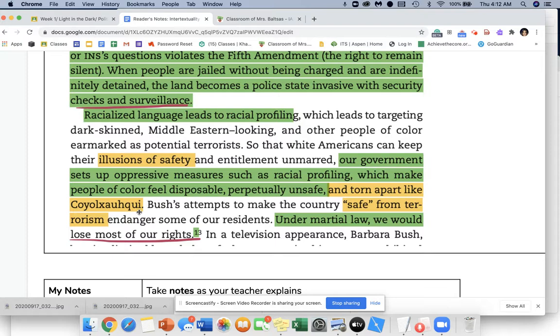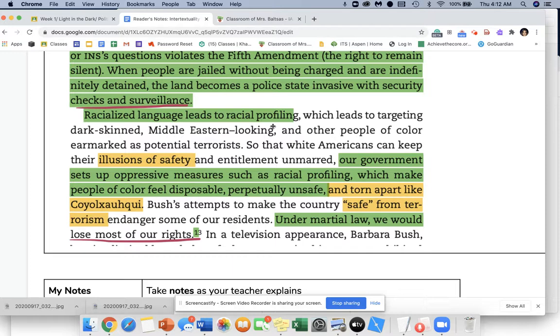So Bush's attempts to make this country safe from terrorism endanger some of our residents. Under martial law, we would lose most of our rights. And again, what I've underlined in red is directly implied in the political cartoon. That's the connection there. That's the intertextuality I'm trying to get you to understand.